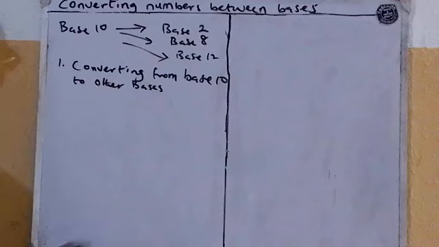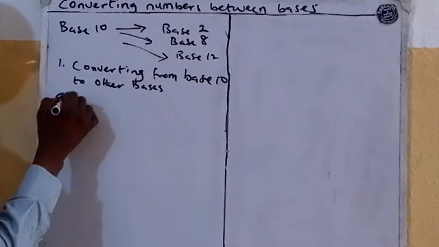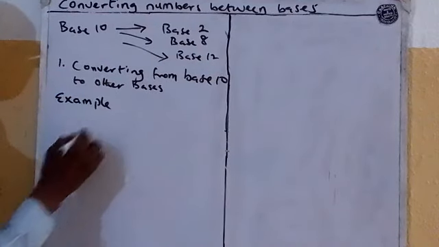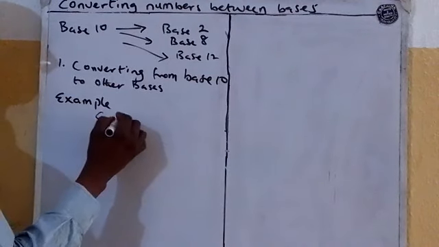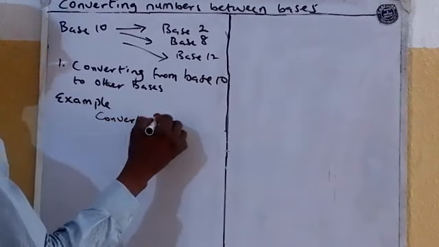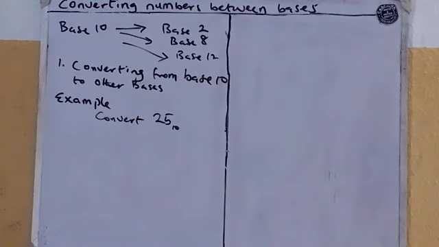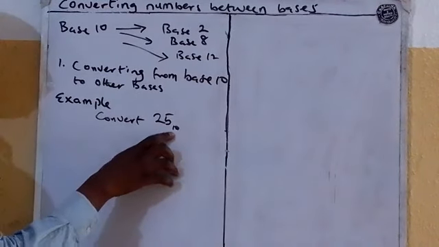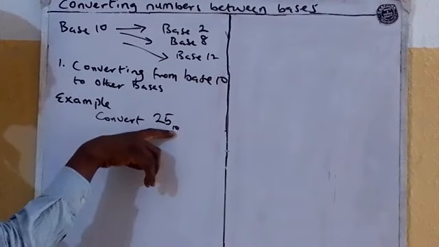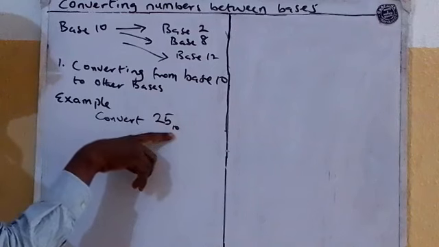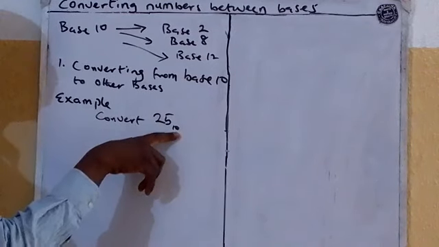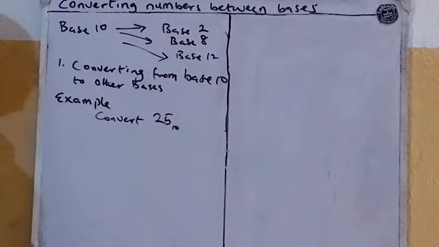How do I mean? Example, if we are told to convert 25 base 10. Mind you, when you are writing notations for number bases, you put a subscript, a small number at the bottom of the reference number, to denote what number based system you are in.